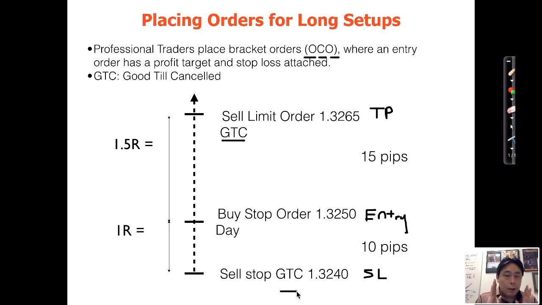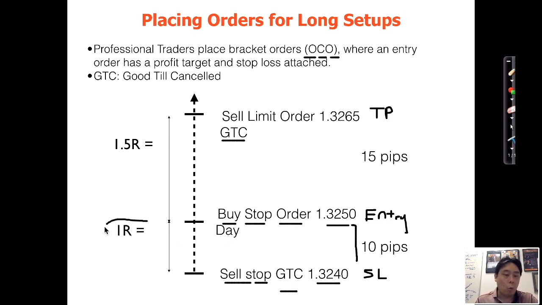So when we're going for a long setup, we enter with a buy stop order at, for example, 3250. And our stop loss would be a sell stop order, which would be, for example, 3240. So my stop loss distance in this particular case would be 10 pips. And again, you must calculate your position size in such a way that that represents only 1% or maximum 3% of your capital.